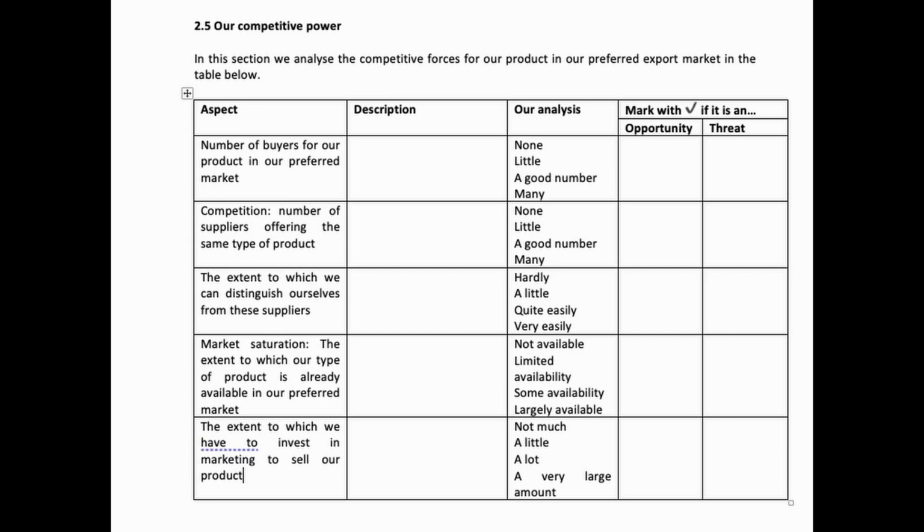So besides a description of these aspects, you would also analyze whether it be very little or a lot of competition, or little or a lot of investment needs. And there you'd also mark if it's an opportunity or a threat, later to be used in the SWOT.